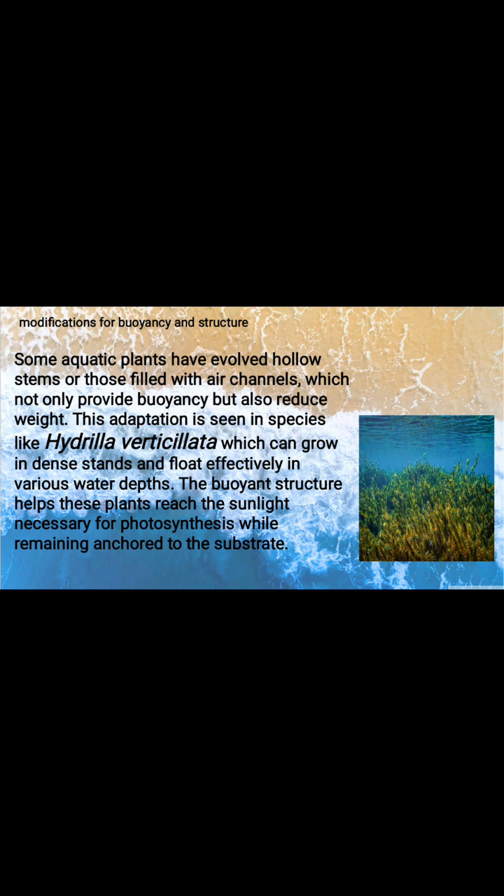This helps them float and stay upright in the water while being anchored to the substrate below. Now, let's take a look at more specific examples of how aquatic plants adapt to their environment. Godofredo will share some additional research on different plant types.